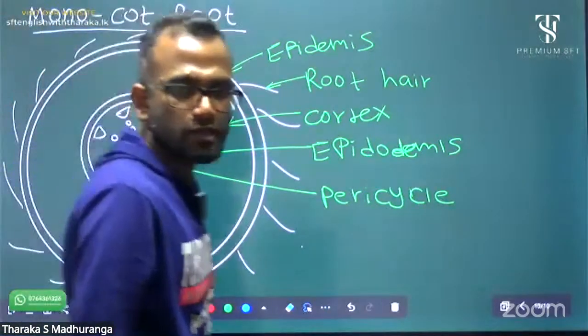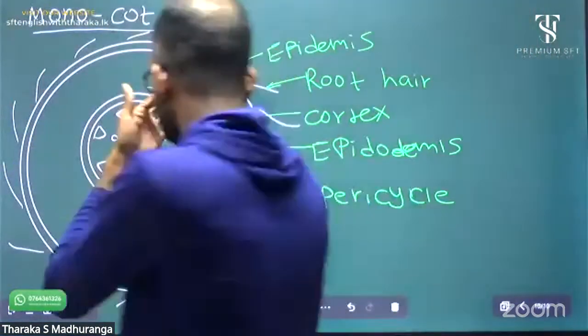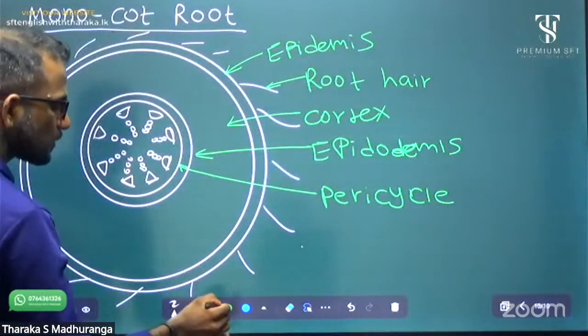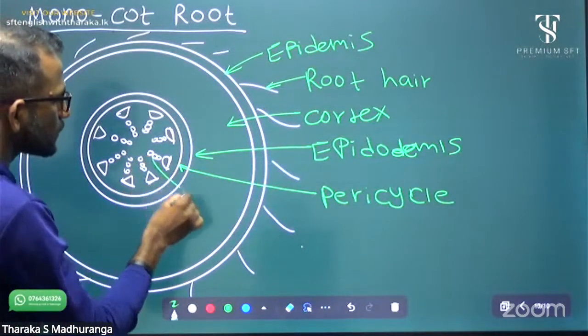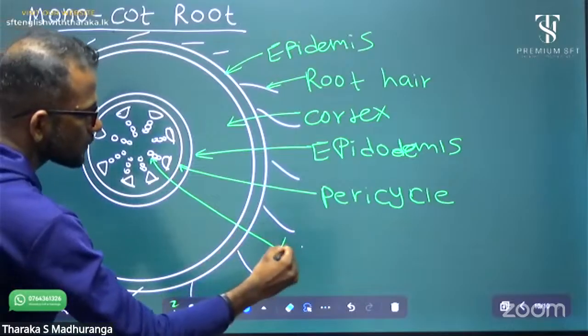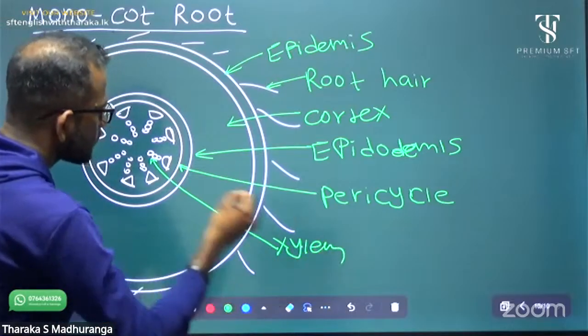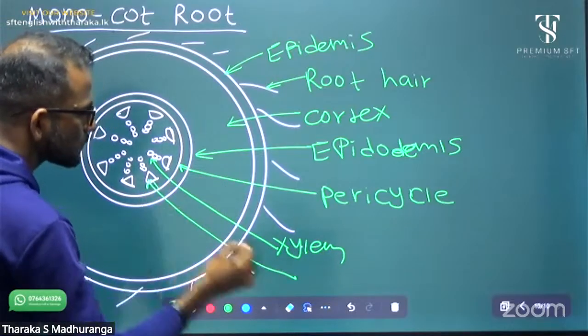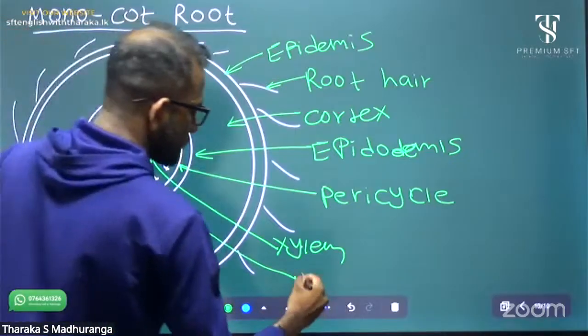Okay, that's a nice structure. The round shapes are the xylems. The outer triangular, cone shapes are the phloems.